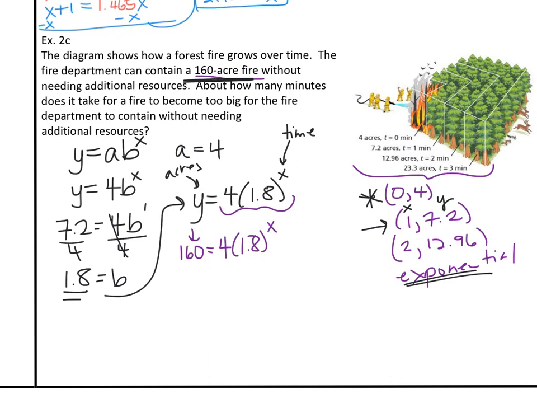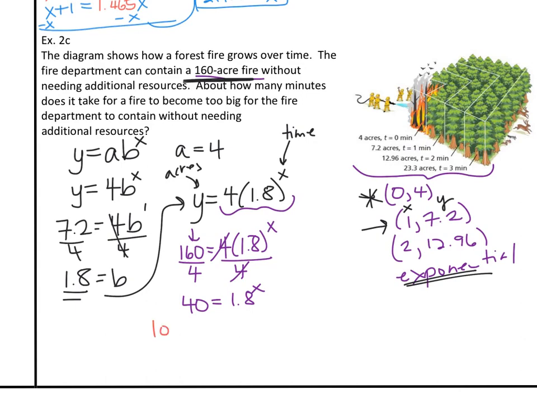Now this is just an exponential equation. Notice we've got 4 times 1.8 to the x. That means we have to divide by 4. The 4 isn't the base, it's just that coefficient out in front. 160 divided by 4 is just 40. And now that your base is isolated, we could convert to logarithmic, or we could just apply that property of equality and take the log of each side.